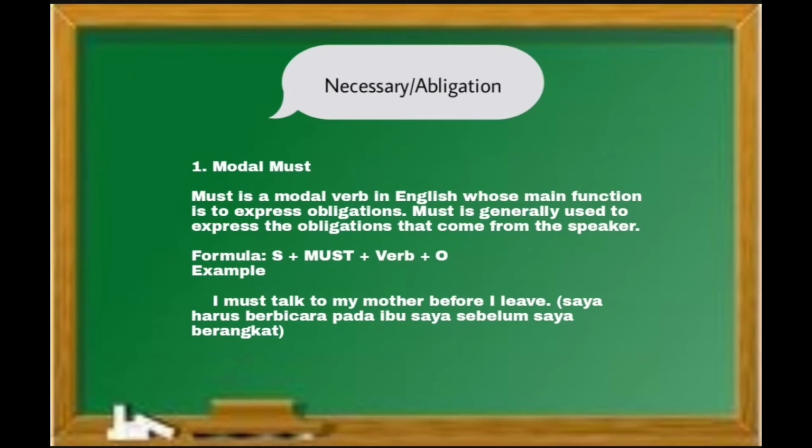Must is a modal verb in English whose main function is to express obligation. Must is generally used to express the obligation that comes from the speaker, where the formula is subject plus must plus verb plus object. For example, I must talk to my mother before I leave. In Indonesia, saya harus berbicara pada ibu saya sebelum saya berangkat.